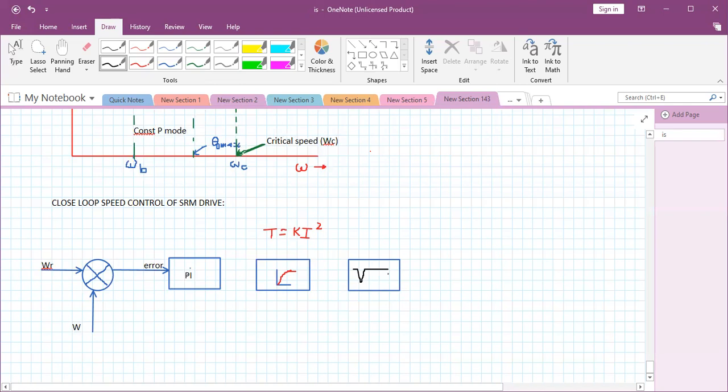And as we are getting a torque and here we are doing a square root, we are getting a reference current. So just a second, first of all I will complete this.